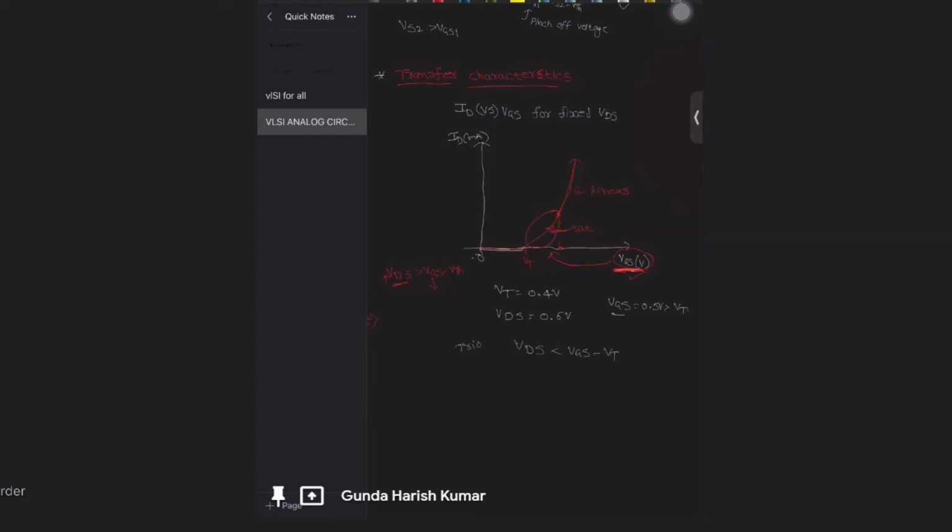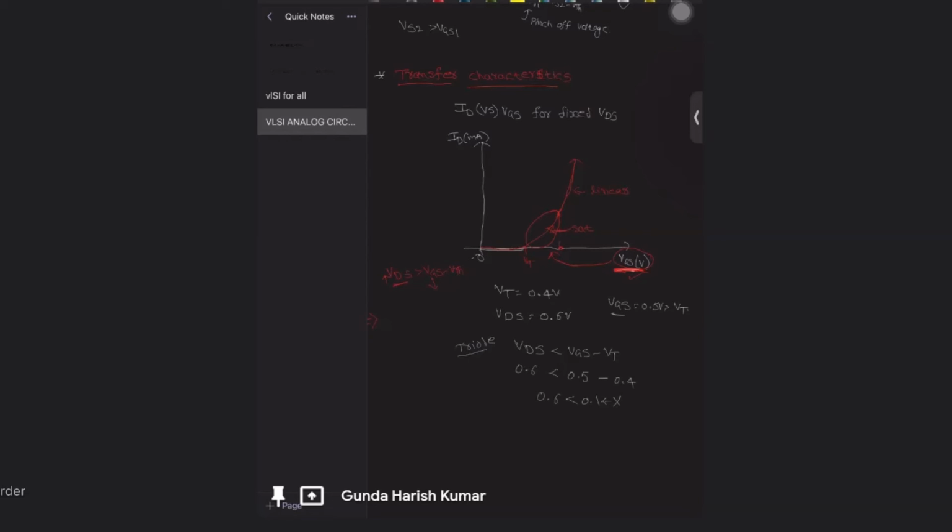First, VDS is less than VGS minus VT for the triode region. Now VDS is 0.6, VGS is 0.5 minus VT is 0.4, so 0.6 less than 0.1. This condition is not satisfied. So it is not in the triode region, it is in the saturation region.